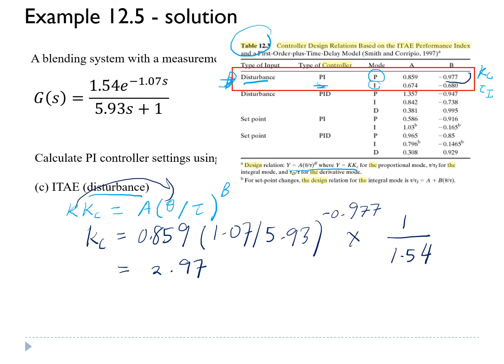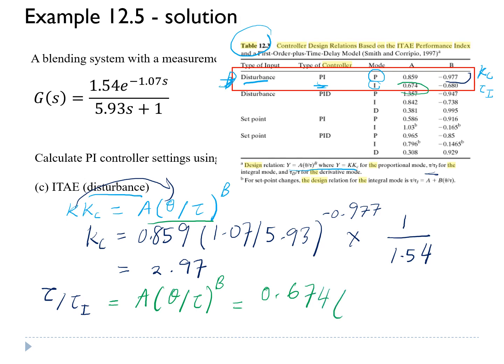Based on the relation given here, tau over tau I equal also this relation but with different values of A and B. So now A for tau I is 0.674 times time delay over tau to the power of B, which is equal to negative 0.680.